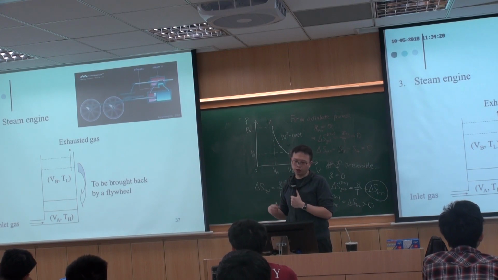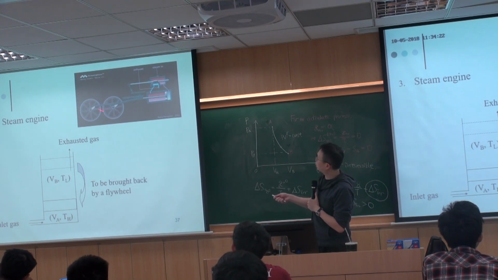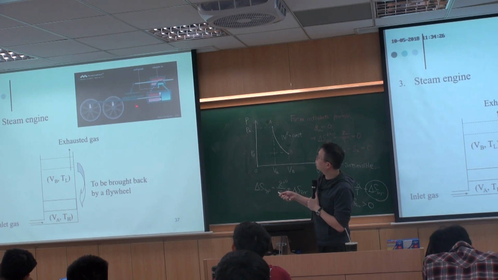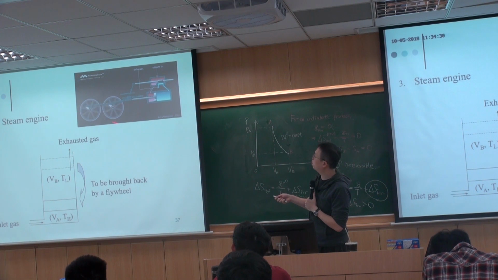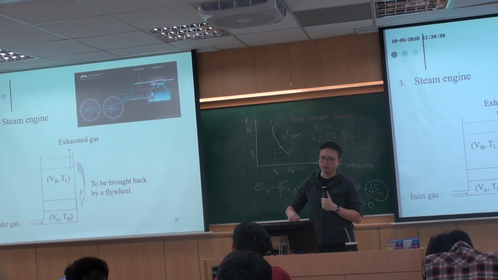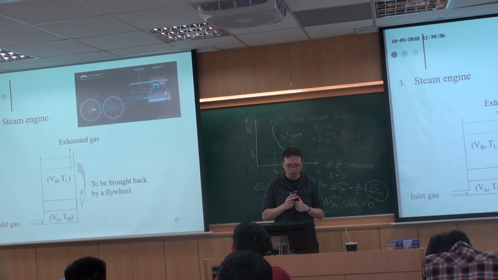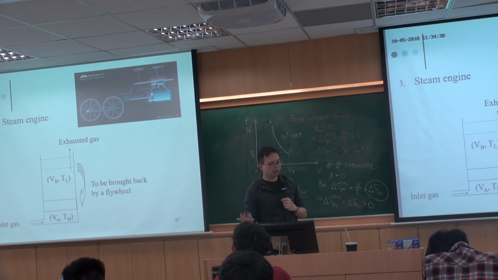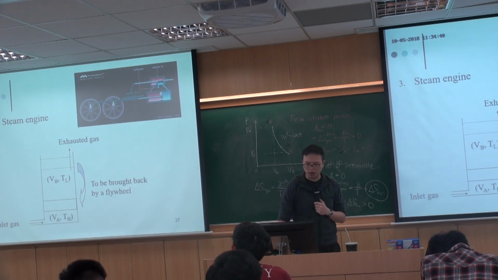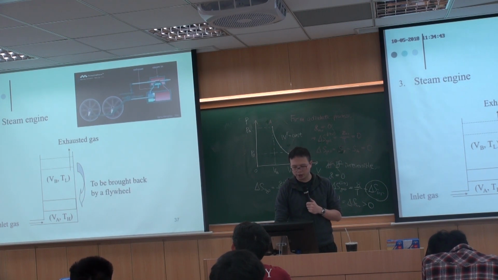So it can continue to form this cyclic process. The piston will move back and forth and drive the wheel, but at the same time, this wheel will push the piston back to make sure that it can form this cyclic process. So this is just an example of what a heat engine or steam engine should look like.